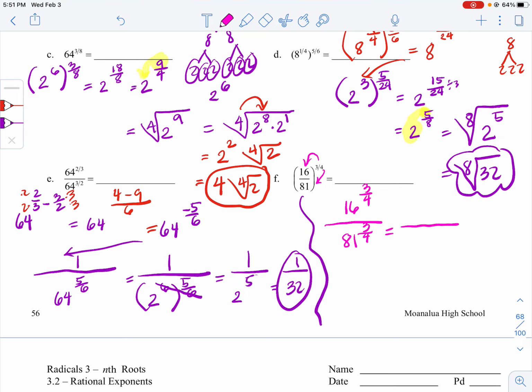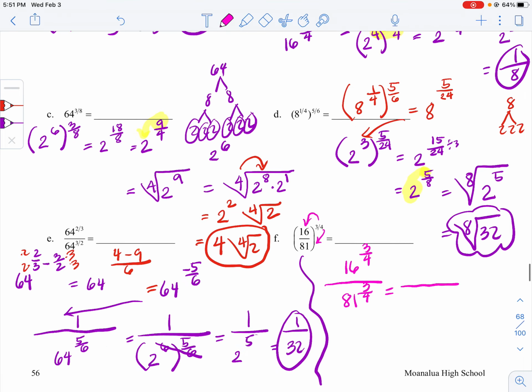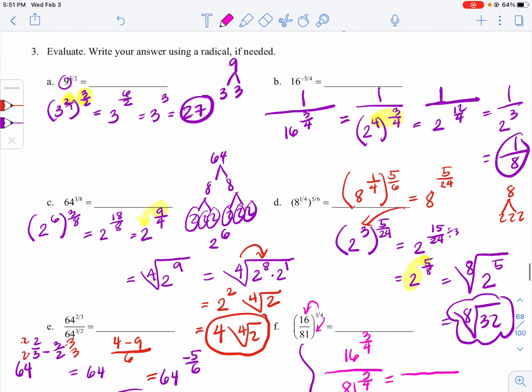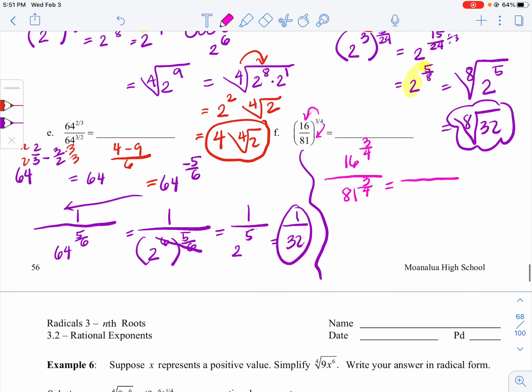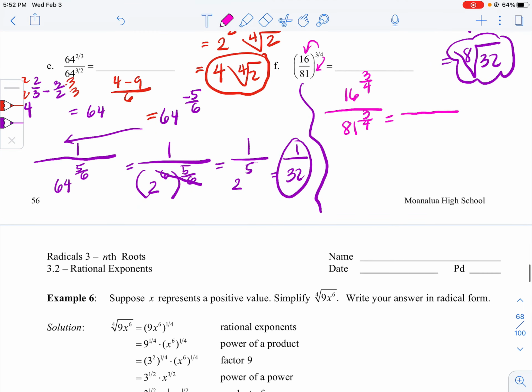So what's 16? Did we have 16 earlier? I think we did. 16 is 4 times 4, right? Let's put that down here. And when you do 4 times 4, you do 2 times 2, 2 times 2. So you're going to end up with 2 to the power of 4.